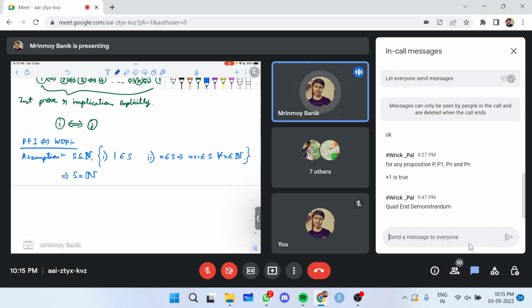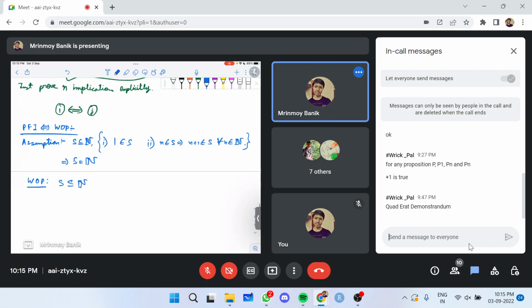So what does WOP say? We have a subset S of natural numbers, and S is non-empty. This is our assumption.